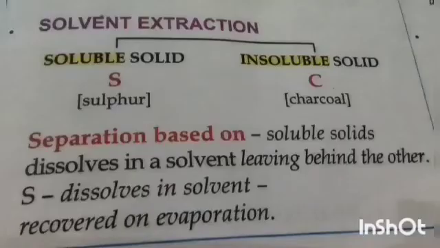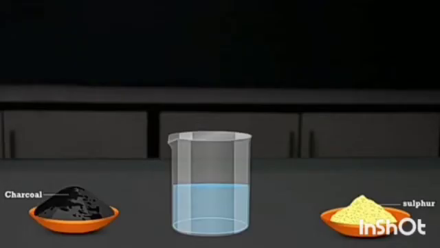Okay, now next is solvent extraction. This method is used when one of the solid components is soluble and another solid component is insoluble. The soluble solid dissolves in a solvent, leaving behind the other one. We can take the example of charcoal mixed with sulfur.